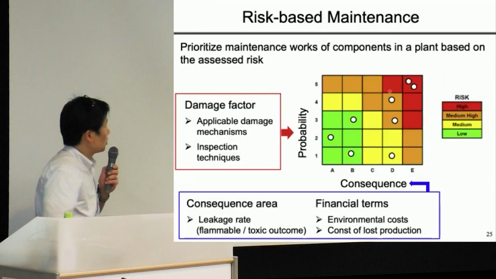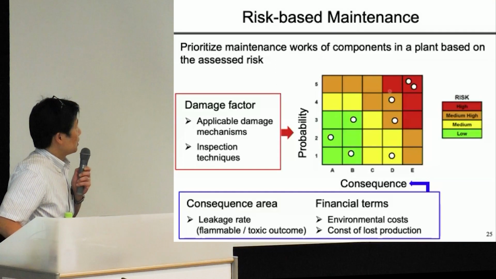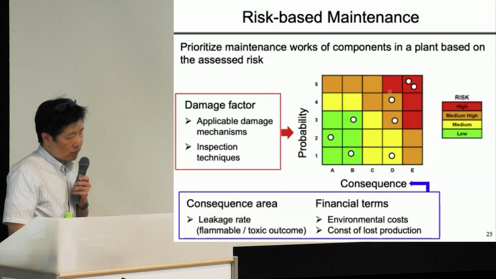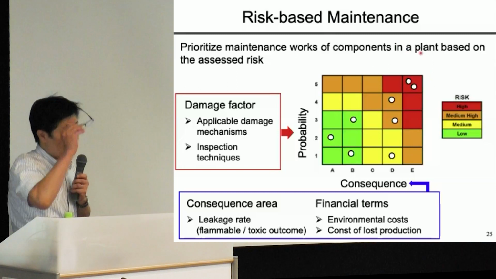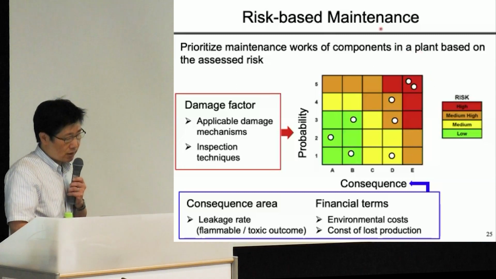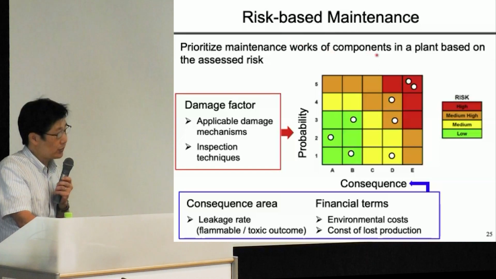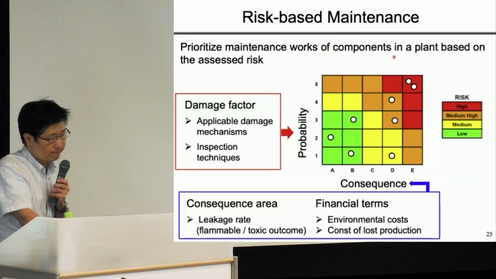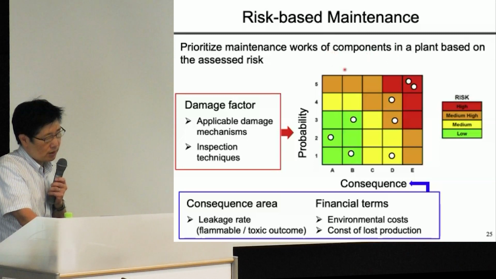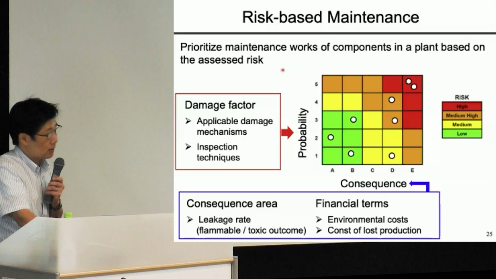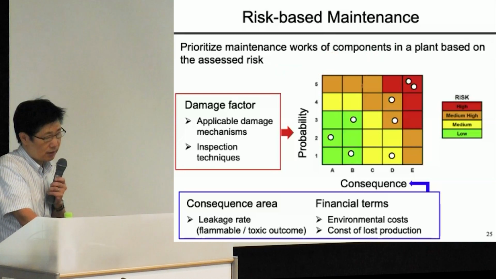As I told yesterday, in the framework of risk-based maintenance, we decide the priority of maintenance work of components in a very huge plant. For this purpose, we evaluate the risk of each component in the plant.